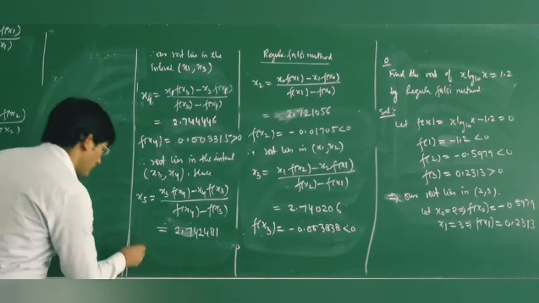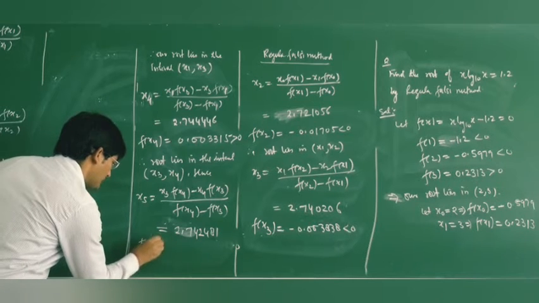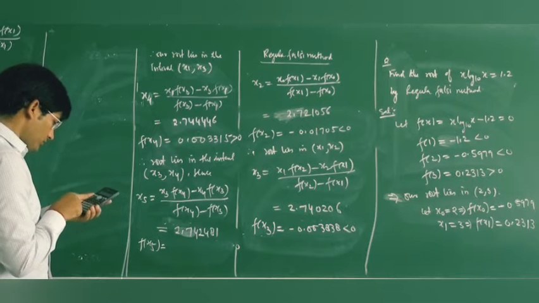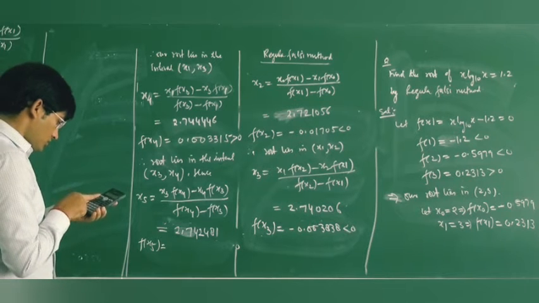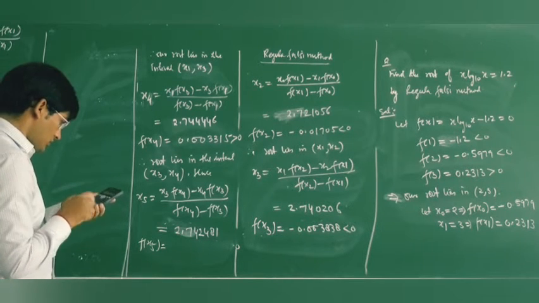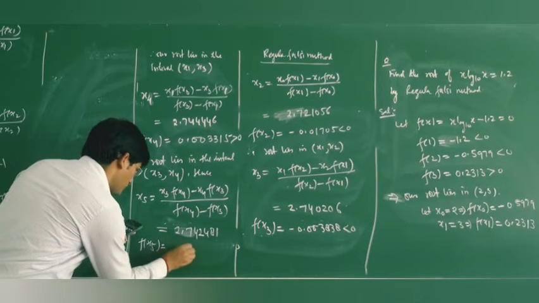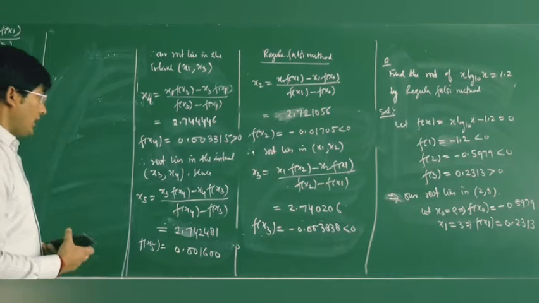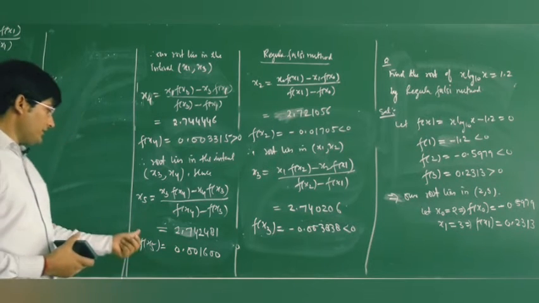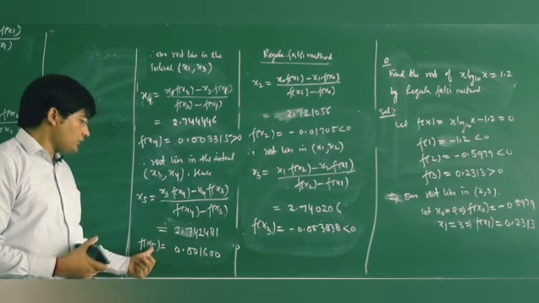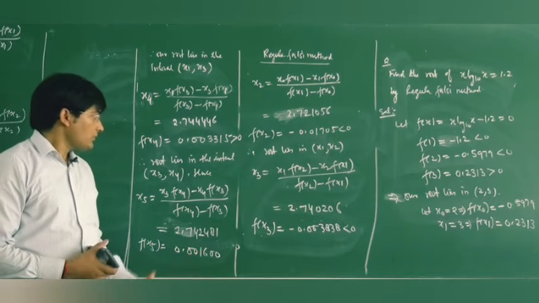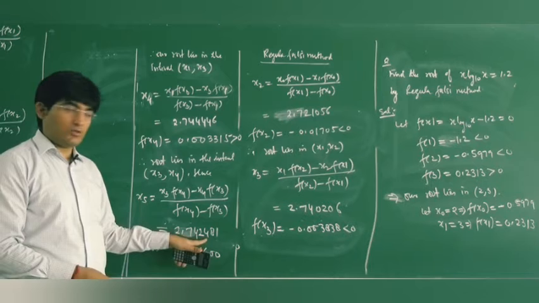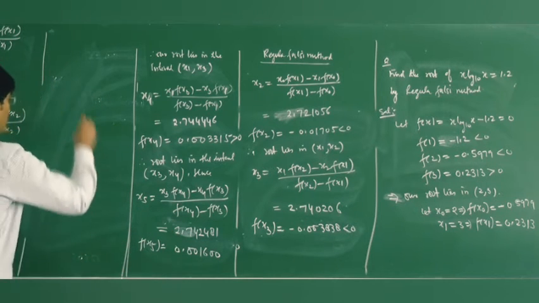So let us find out the value of the function at this x5. The value of the function at this x5 is equal to 0.001600. Now you can see that the value of the function at this x5 is nearer to 0 as compared to this x4, so we can say that this is our better root as compared to this x4.